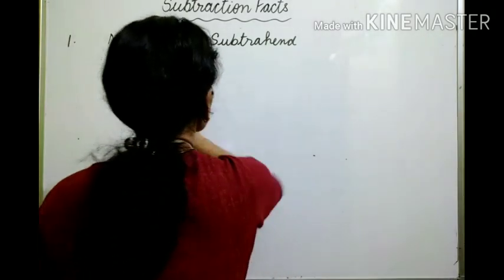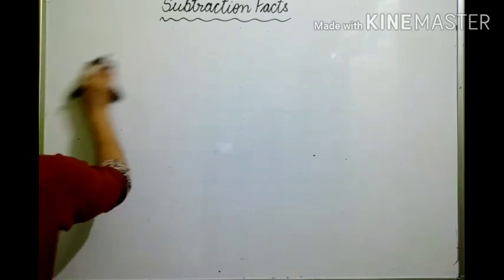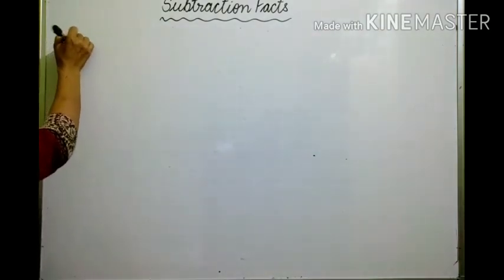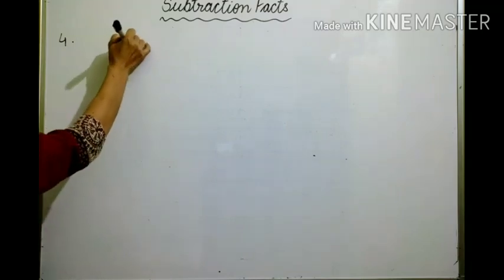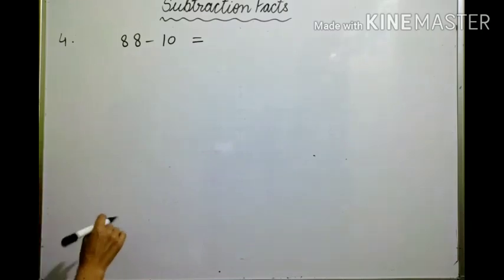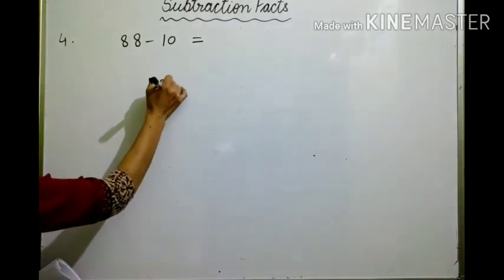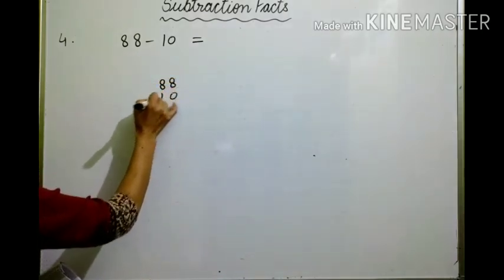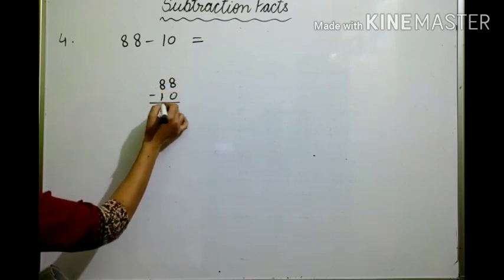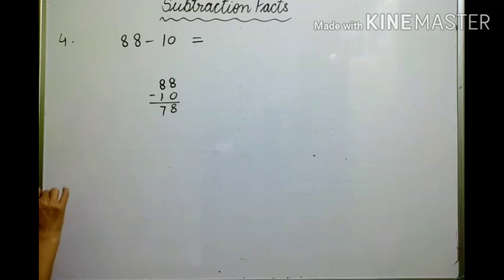Let's take the next rule. That is 4. If we subtract 10 from any number, then first we do simple subtraction. 8 minus 0 is 8. 8 minus 1 is 7.